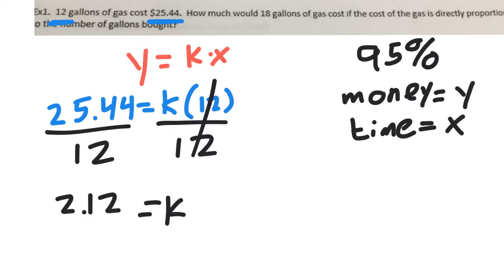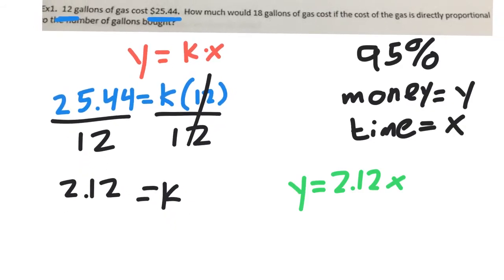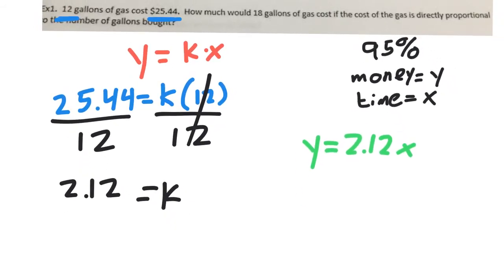Now we're going to take this information and plug it back into our equation. So now we know k is 2.12 for any number of gallons. So it becomes y equals 2.12 times x. Now we want to know how much it would cost if we got 18 gallons. So again, that is our x value.